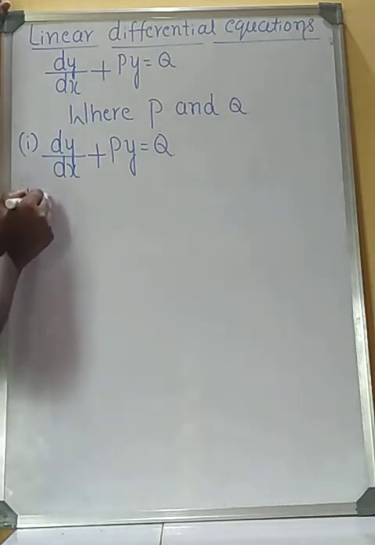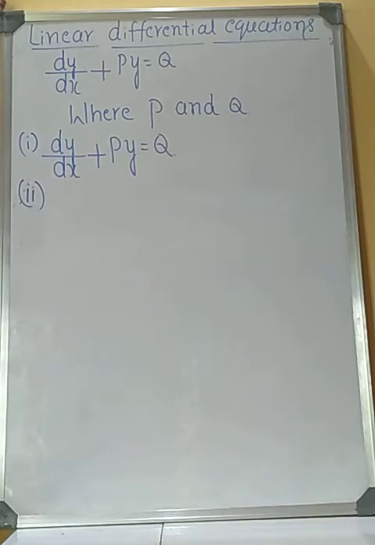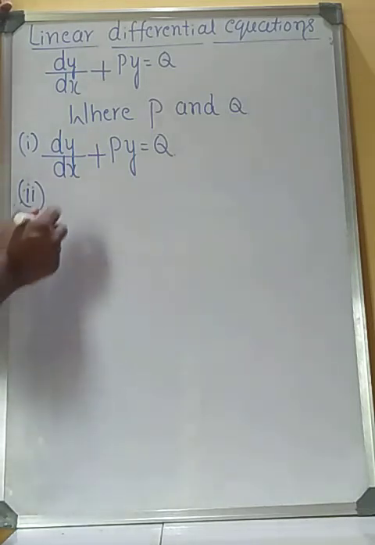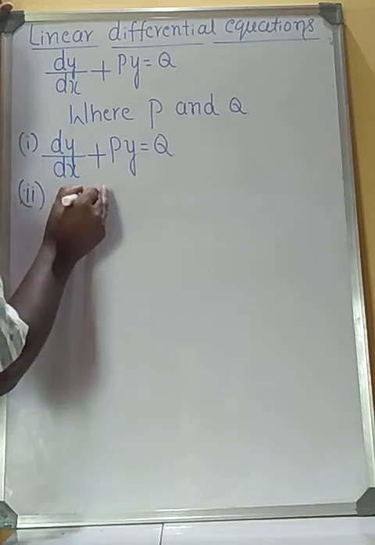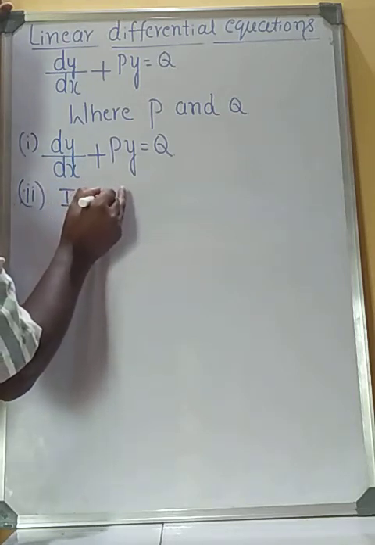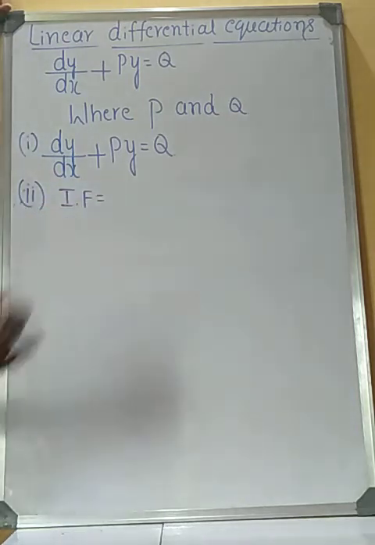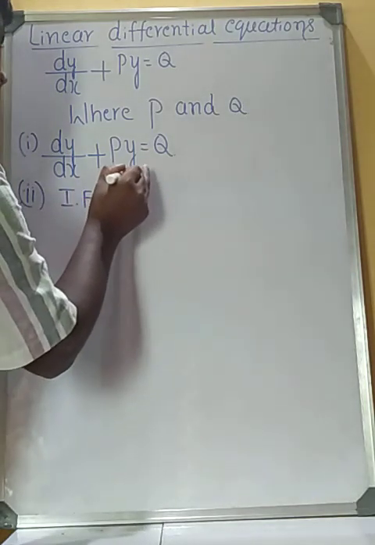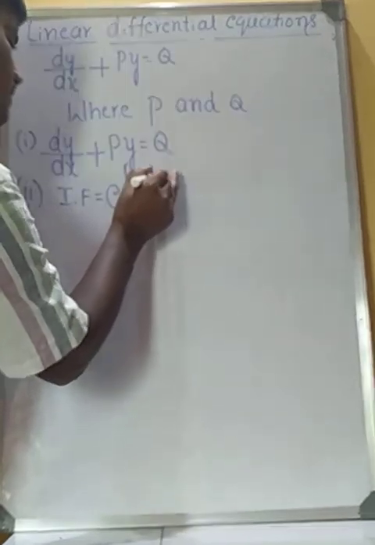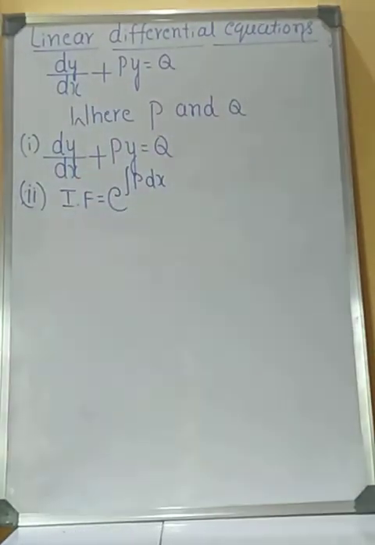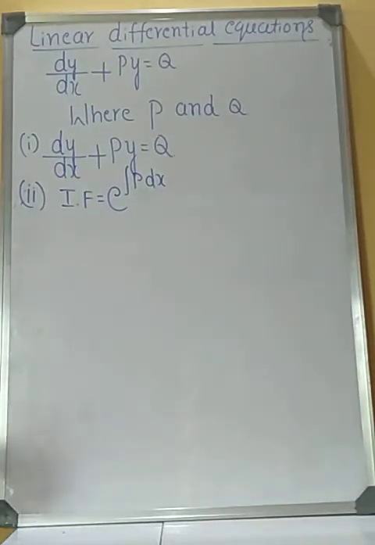Then step 2: find the integrating factor, that is I.F. equal to e power integral of p dx. This is the formula of the integrating factor.